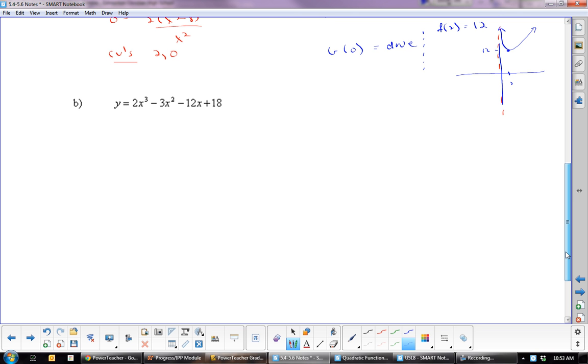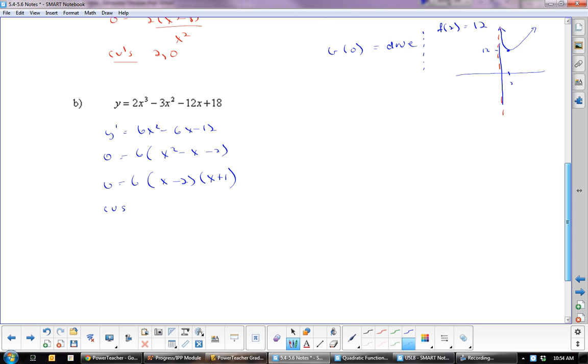This one here. So first derivative y prime equals, this is an easy one. Take out a 6, so 0 equals 6 times x squared minus x minus 2, which is 6 times x minus 2 times x plus 1.